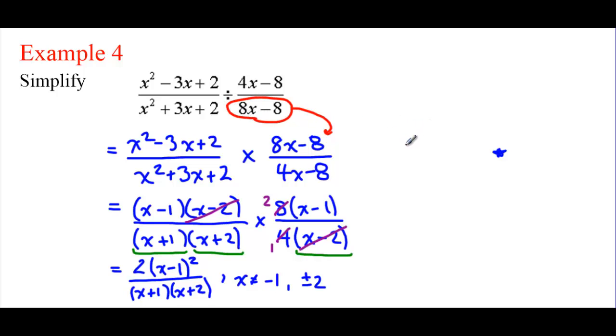Well, that denominator can't equal 0 either. So we have to restrict on that spot as well, right here. Well, what's the restriction that would make that bracket equal 0? Well, the restriction is that x can't equal positive 1. So that's a fourth restriction that we have to consider.